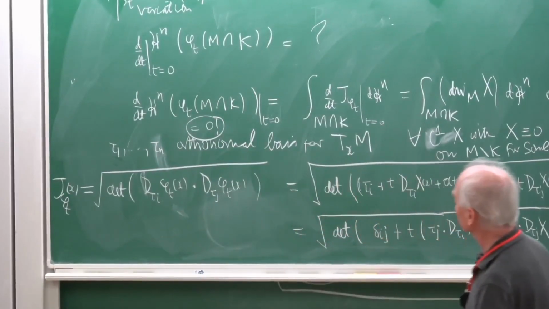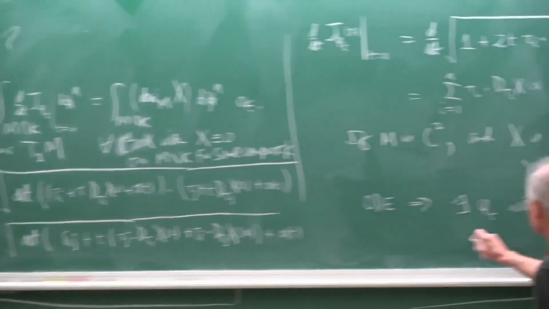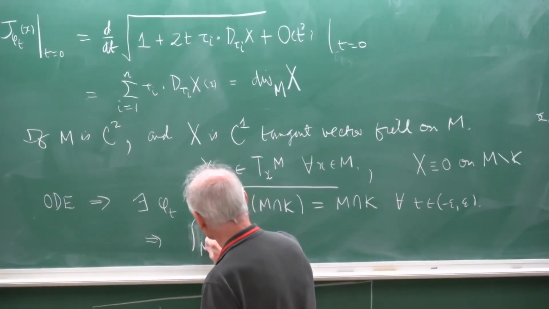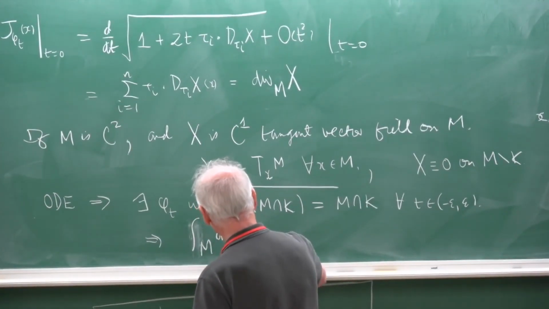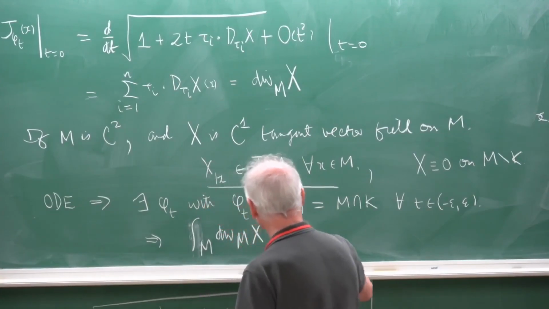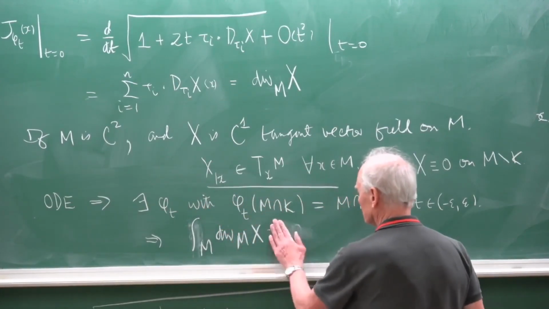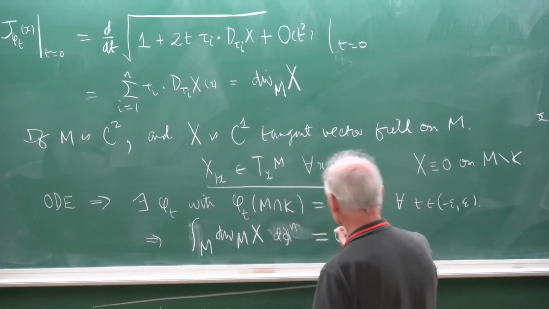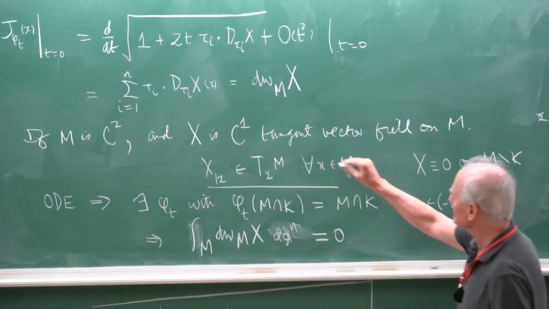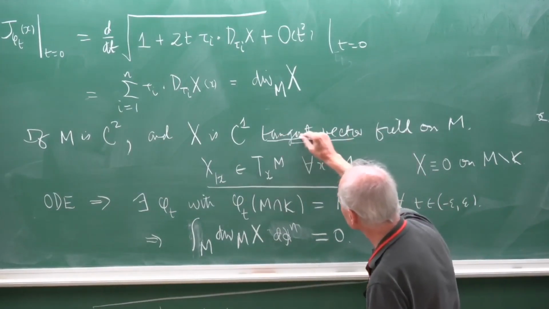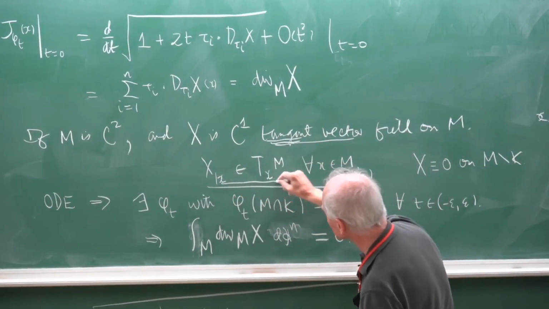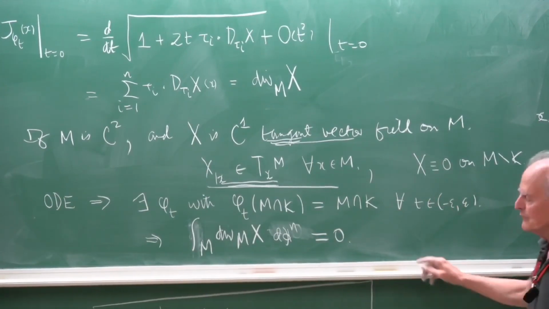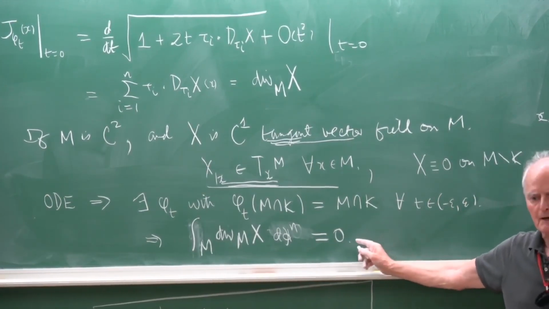And that means that the integral over M of div sub M X equals 0, integral with respect to Hausdorff n-dimensional measure equals 0, as long as you've got a tangent vector field. That's this condition. And div M, now that's the so-called divergence theorem on a manifold, right?